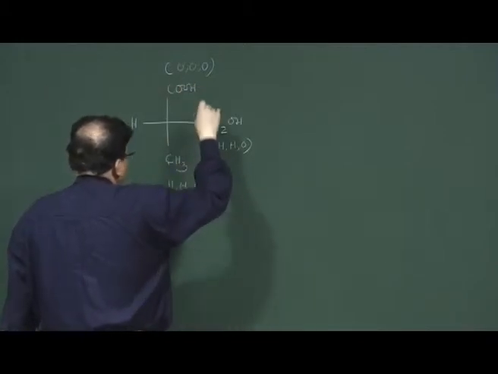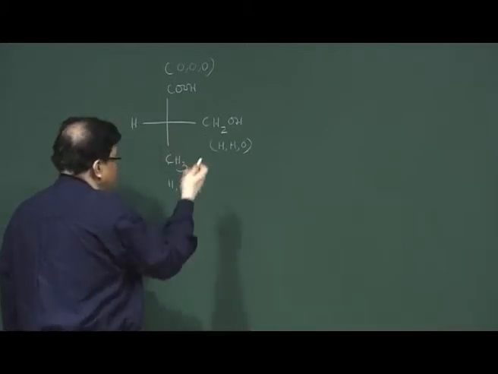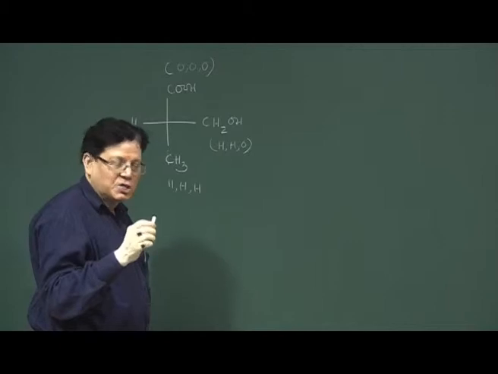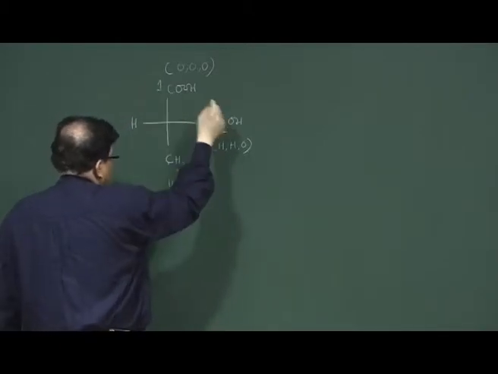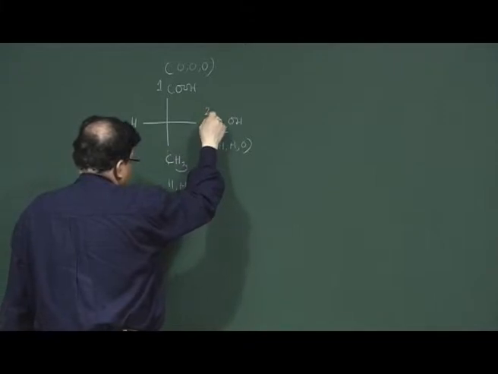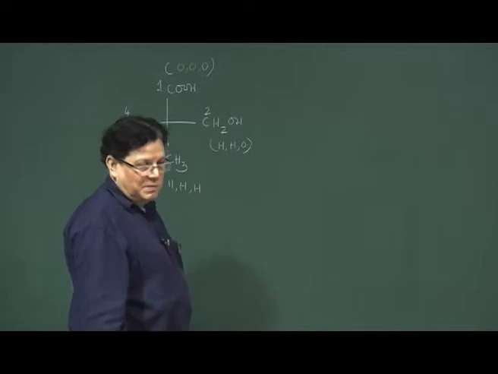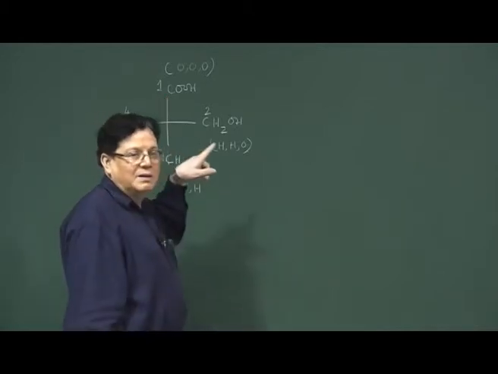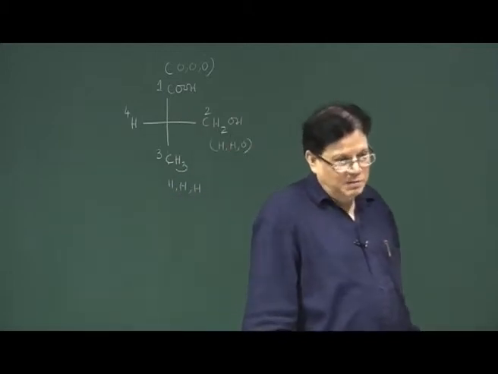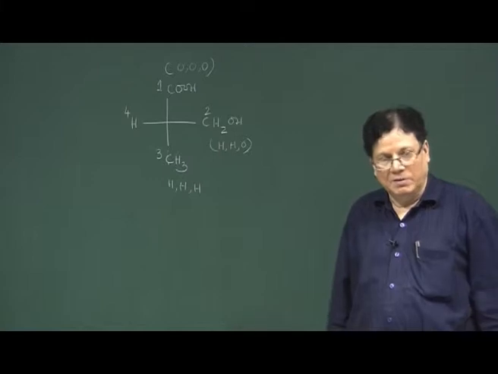So, assigning the priority becomes a little easier now, because you find the difference in the first atom that is attached to the stereogenic center. So, this is number 1, this is number 2, this is number 3, and this is number 4. Now, in some books you will find that they are written like A, B, C, D, that is also permissible. Then you have to say that going from A to B to C, what is the directionality.